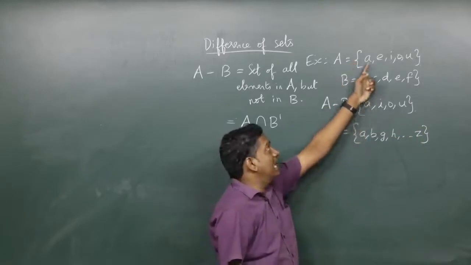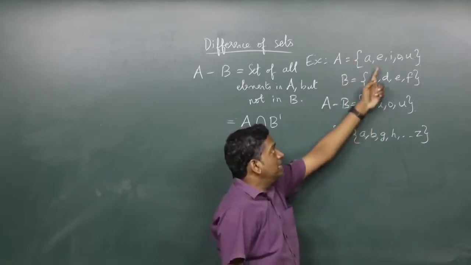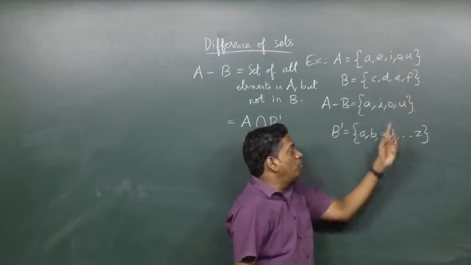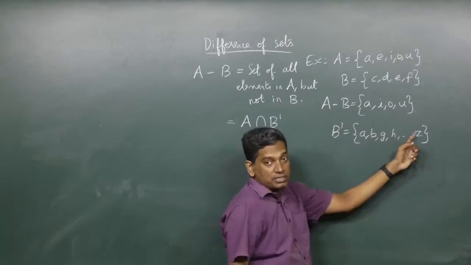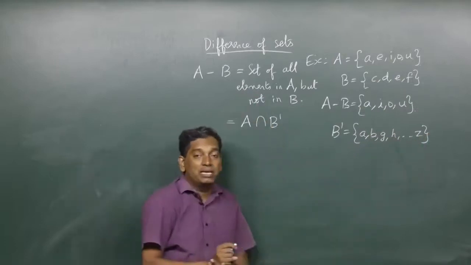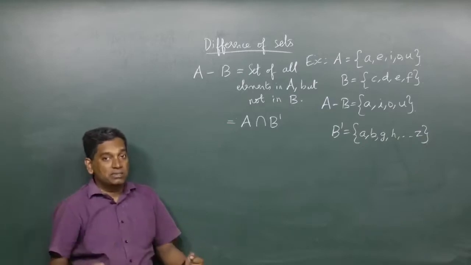You can see that A is common, E is not in B bar because it was already in B, and I, O, U, etc. will all be present here. Therefore, A intersection B bar is the same as A minus B.